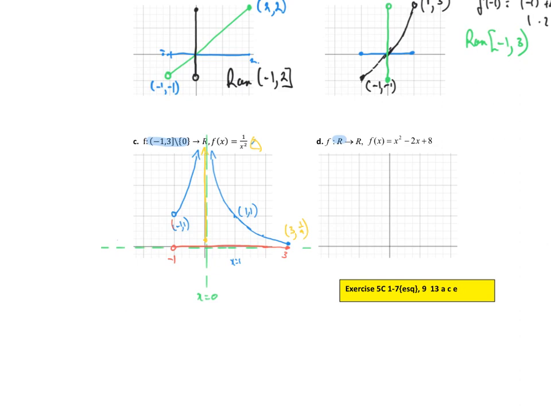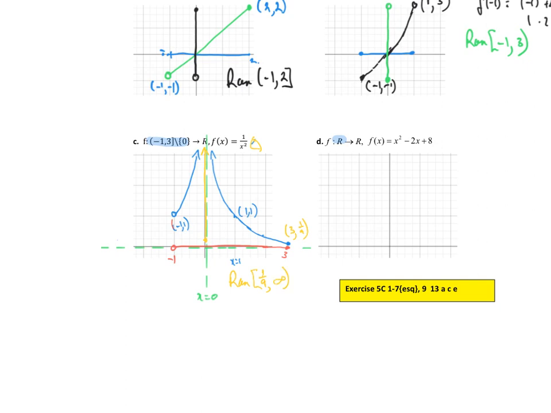So the range of this graph is determined by the right hand side, because the lower limit at x equal to 3 is included, which means I have a corresponding y value of 1/9, and it continues up indefinitely.